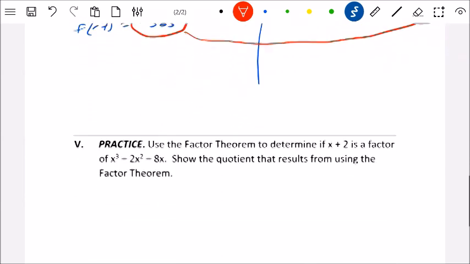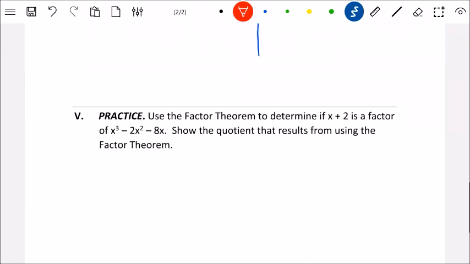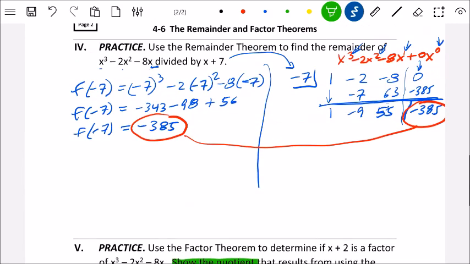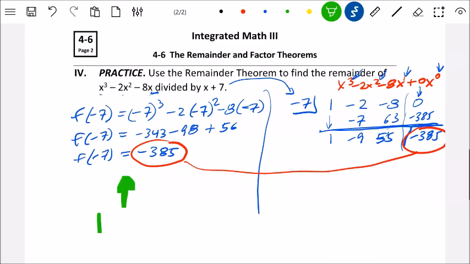Now the last one, use the factor theorem to determine if this is a factor. Show the quotient that results from using the factor theorem. Show the quotient means you have to do synthetic division. Because when you come on back up here, if I do this method, then there is no quotient. I'll write that.